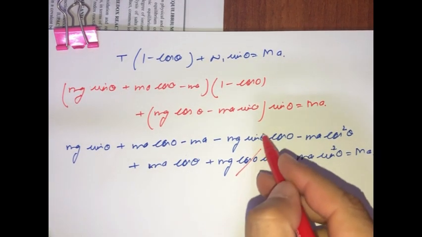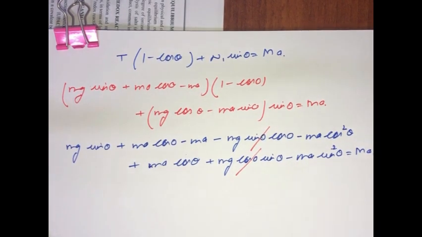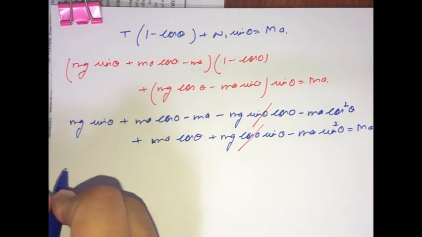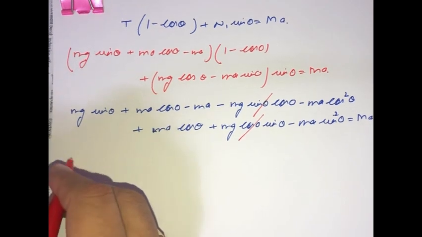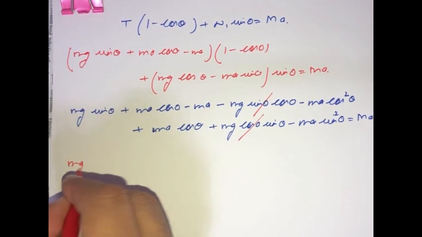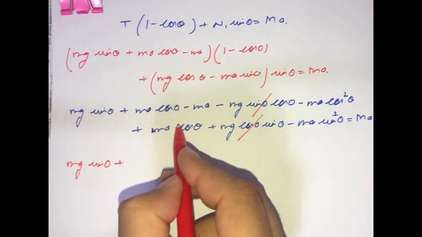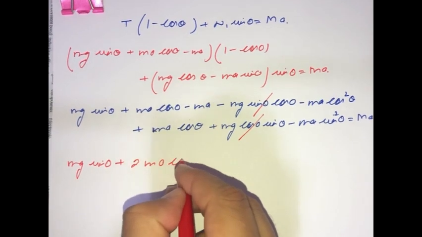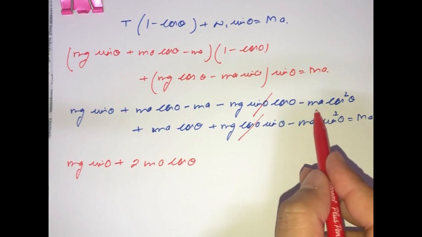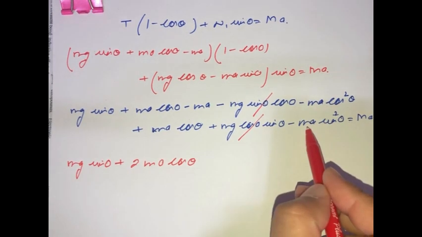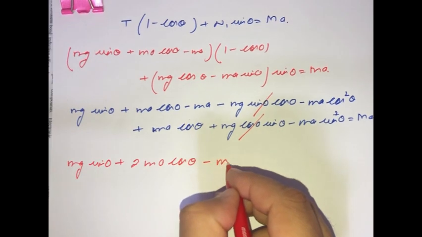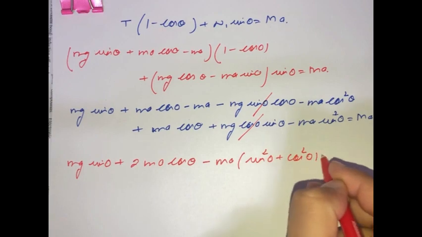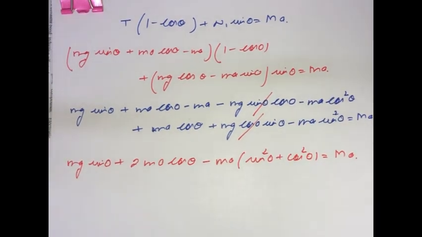Now this cancels out with this term, and now we can solve it. We can write this as mg sin theta plus, we have ma cos theta and ma cos theta, this will be twice ma cos of theta, and we have minus ma cos square and minus ma sin square, so this will be minus ma times sin square theta plus cos square theta, is equal to capital M a.